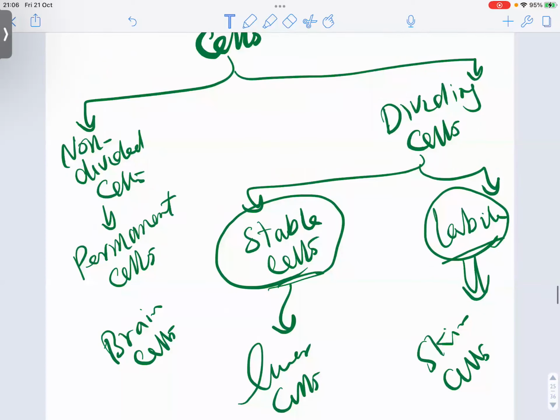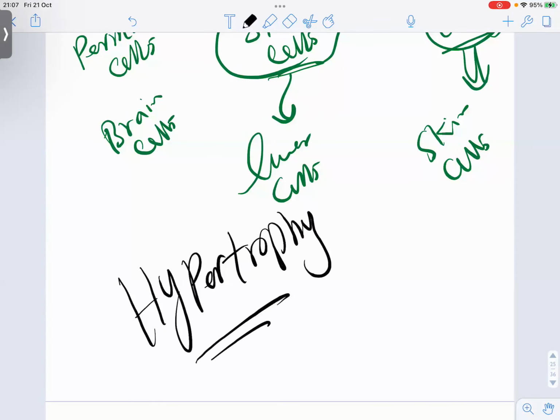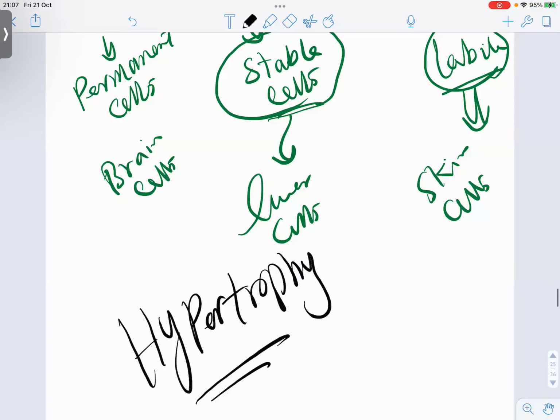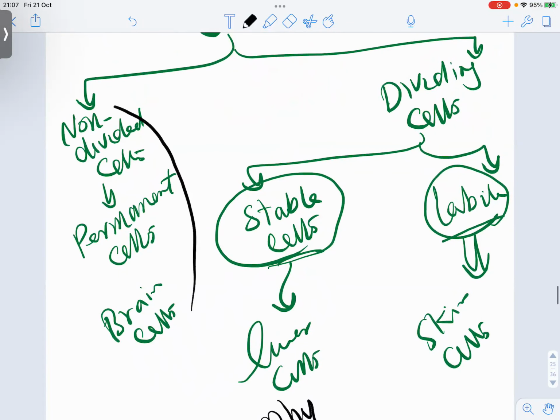So if I ask you, hypertrophy happens or occurs in which type of cells? Hypertrophy is an increase in size, not number. Of course, in permanent cells, because in hypertrophy the number of cells is the same, but the size is larger.